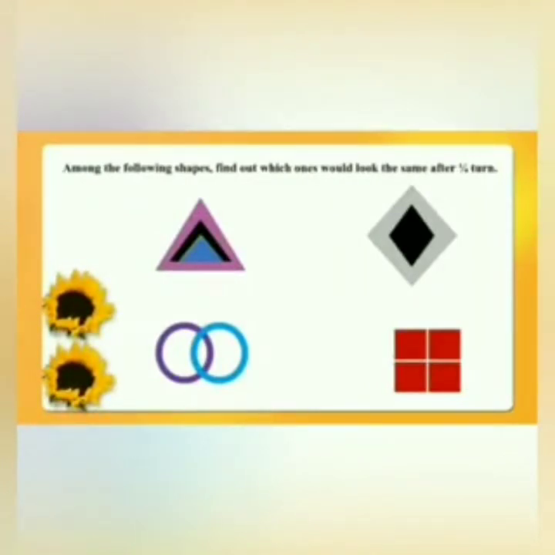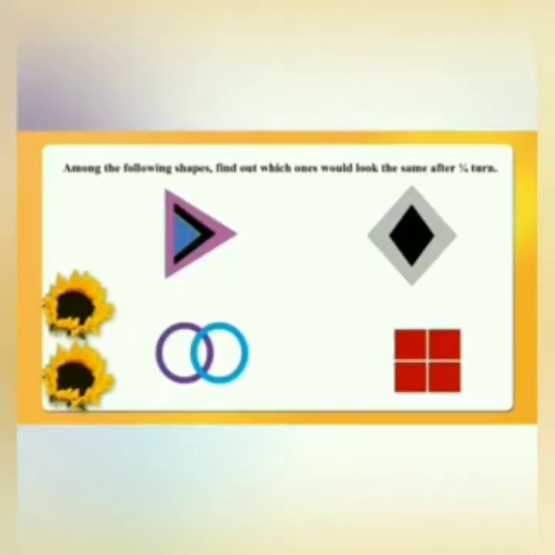Among the following shapes, find out which one would look the same after 1/4 turn. Some figures are given here. We are making all these figures 1/4 turn. Does it look the same or not after 1/4 turn? That we are going to check. The first figure is like a triangle. We make it 1/4 turn. What do we get?